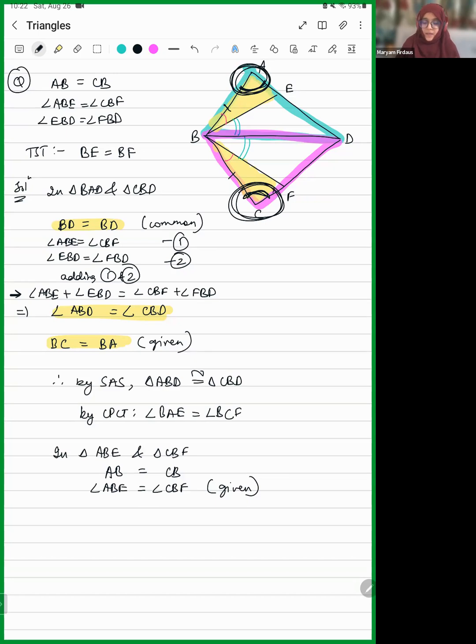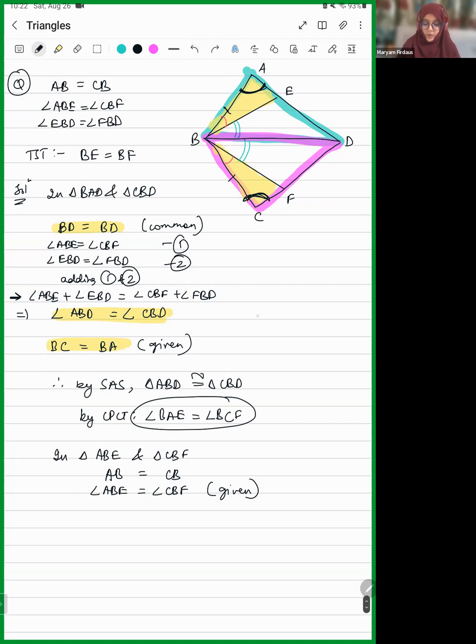Since they are both equal, we have just written that over here, BAE. Now instead of writing BAD, I have written BAE because now we are going to be talking about these two smaller yellow triangles. I hope there's no doubt why I have written BAE and not BAD, because it's the same thing, right?